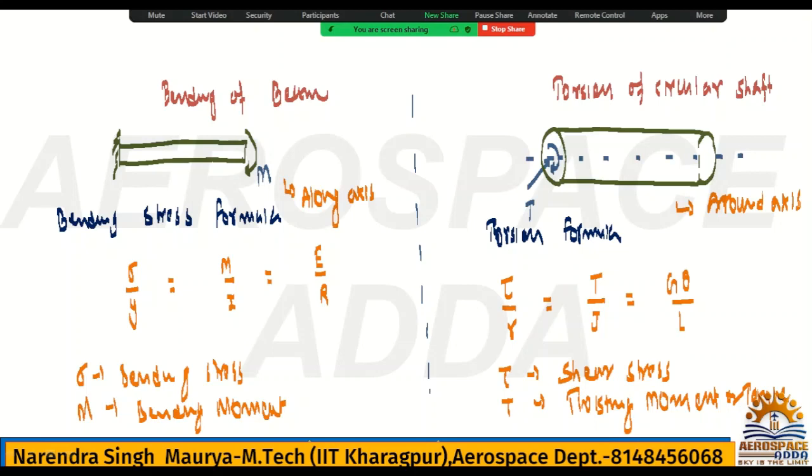Now if you talk about the torsion equation, tau by R is equal to T by J is equal to G theta by L. Here this derivation is not required, as I have mentioned many times, but if you check the standard formulation, tau by R is equal to T by J is equal to G theta by L. So this is the concept basically.